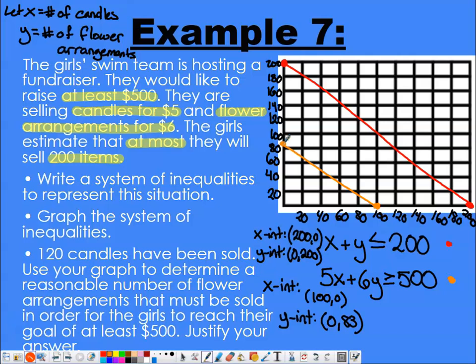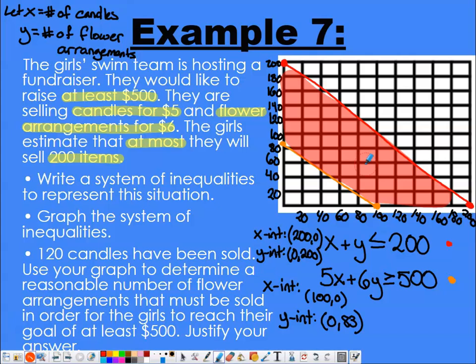Putting those two pieces together, we are shading this middle region right here. So we're interested in this region, and all our possible solutions can be in there.